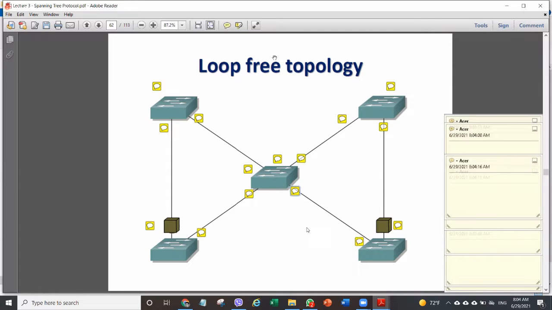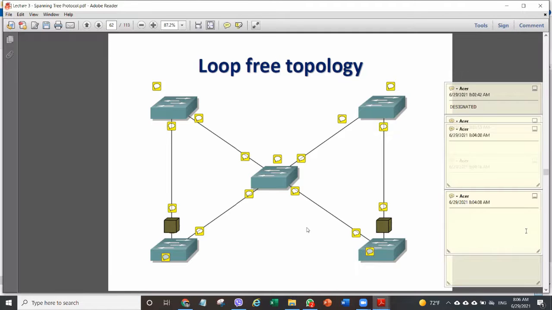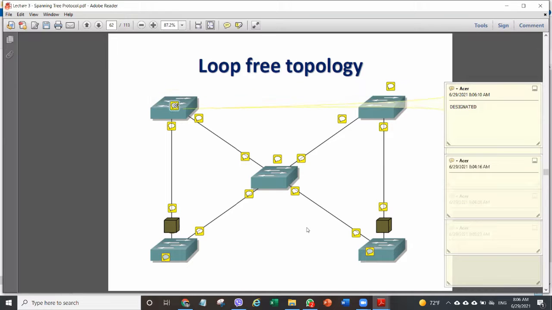Or we will finalize the root first, right? The root switch, and all others are designated switches, or root bridge and designated bridge. Keep it like this, then it is much clearer.